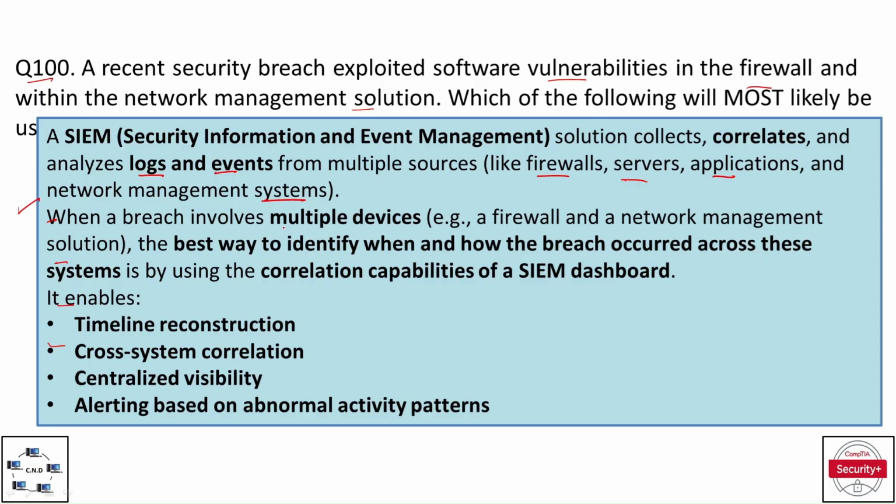When a breach involves multiple devices, for example, a firewall and a network management solution, the best way to identify when and how the breach occurred across these systems is by using the correlation capabilities of a SIEM dashboard. So this dashboard basically enables timeline reconstruction, cross-system correlation, centralized visibility, and alerting based on abnormal activity patterns.